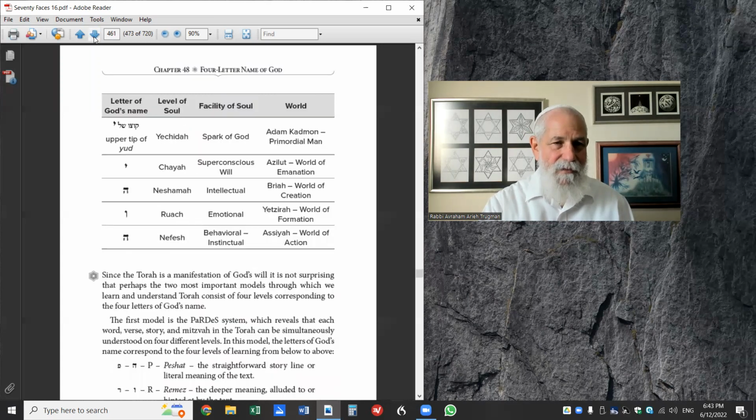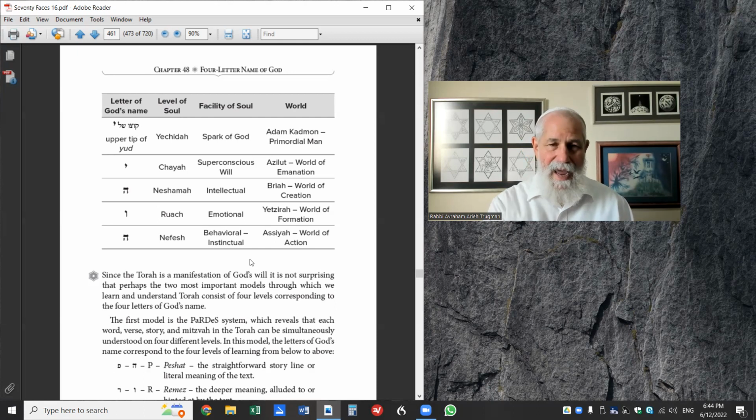On the next page, 461, we have virtually the same thing again, but here it just gives over the faculty of the soul and the five different levels of soul. So here we have the letters of God's name, and we have the worlds as we had before.